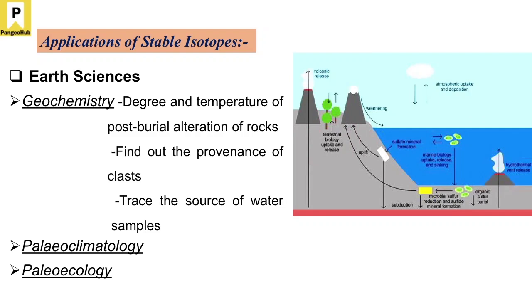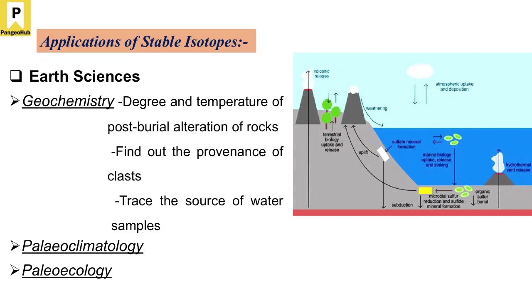Then there is evaporation and evapotranspiration, as well as sulfate mineralization with the help of hydrothermal vents, where sulfur isotopic studies are very useful. And then there is biological intake by marine organisms and releases as well. Then there are the subduction processes and uplift processes.